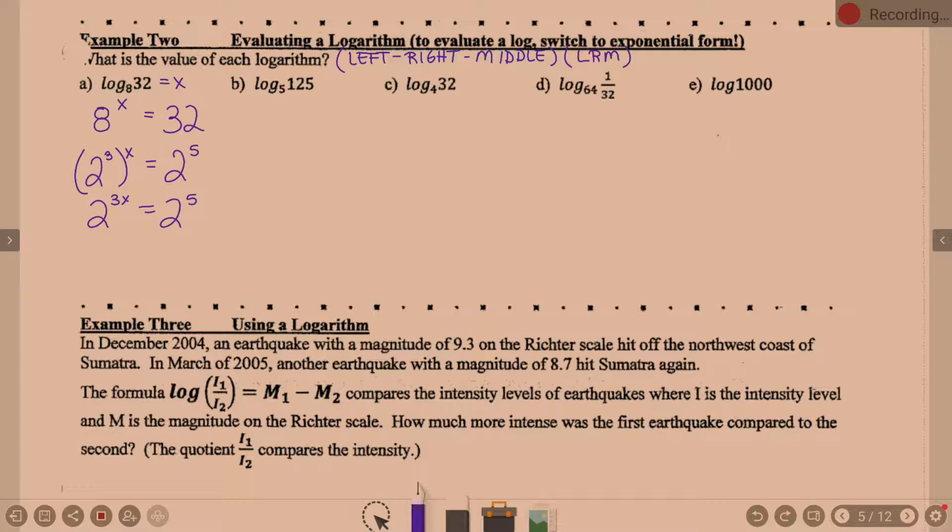So I can drop the 2's off, and the equation I have is 3x equals 5. How do you solve 3x equals 5? If it's 3 times x, we're going to divide by 3, and x is 5/3.